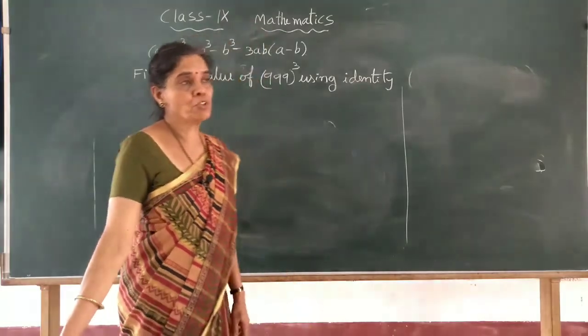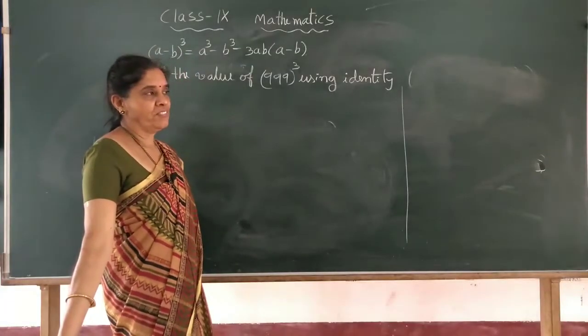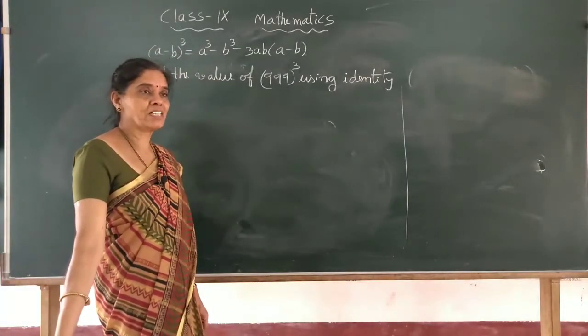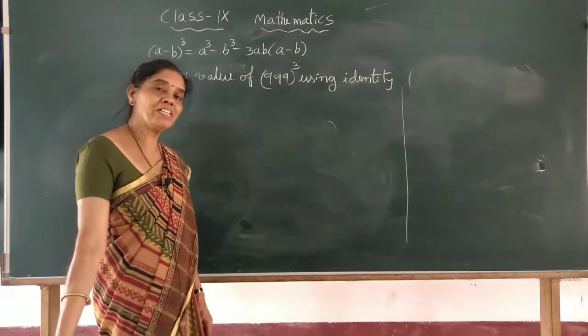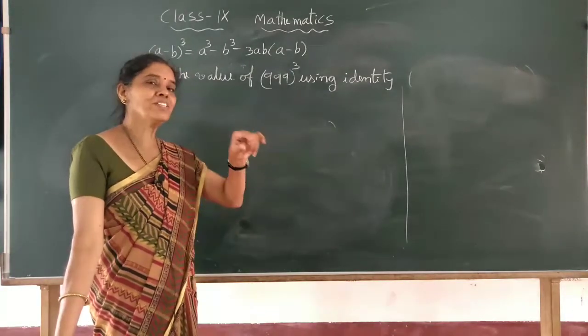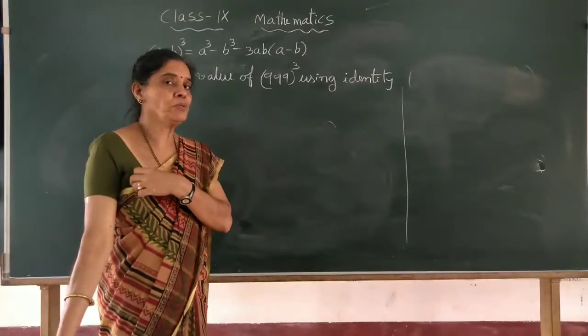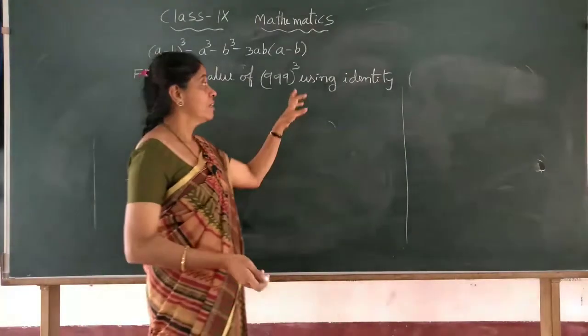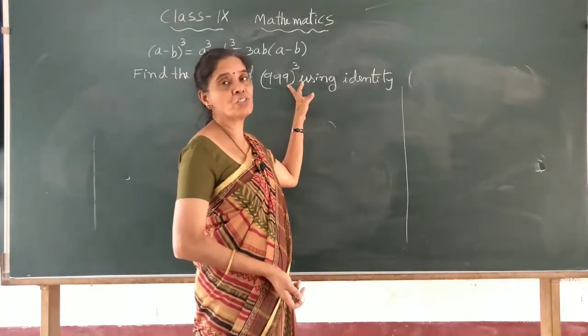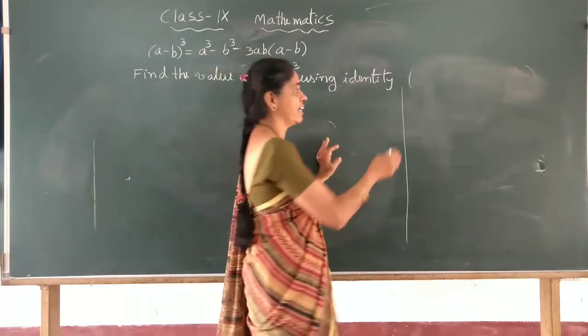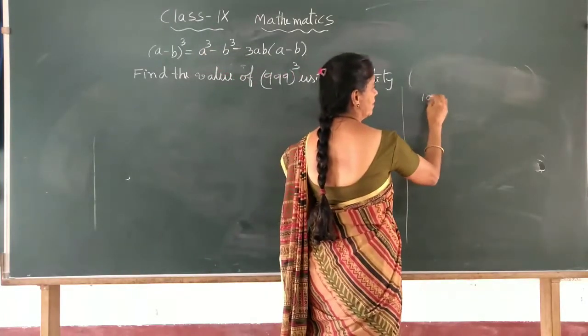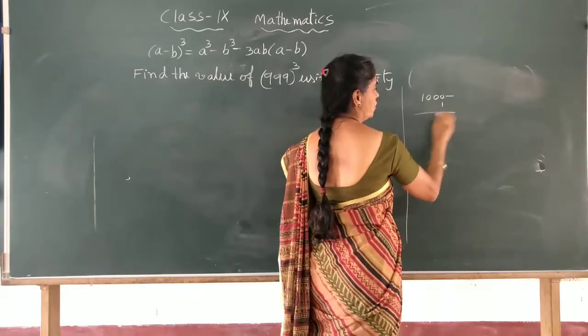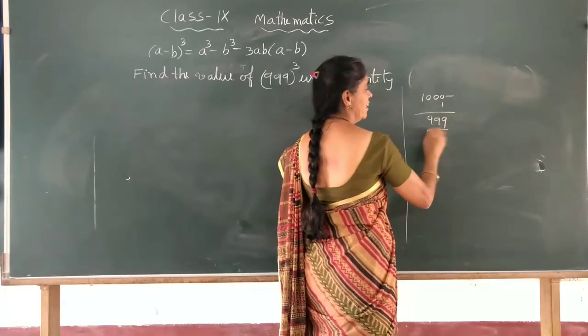So which number is most suitable? If it is 100, 1000 etc. numbers, to multiply how many times also, very easy, count and write the number of zeros, no need to multiply. So I will use 1000 minus 1. 999 is nothing but 1000 minus 1.